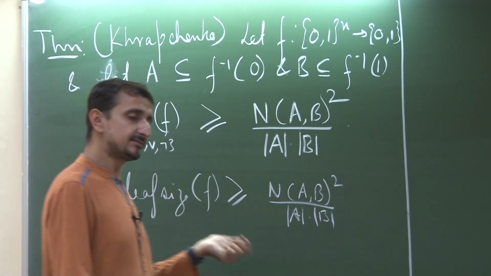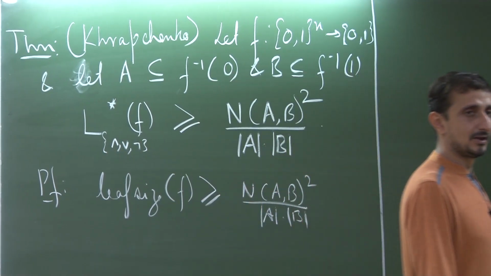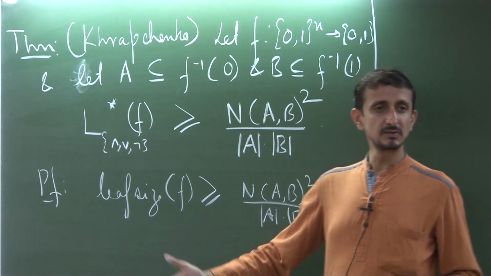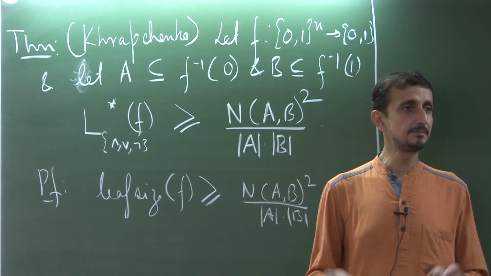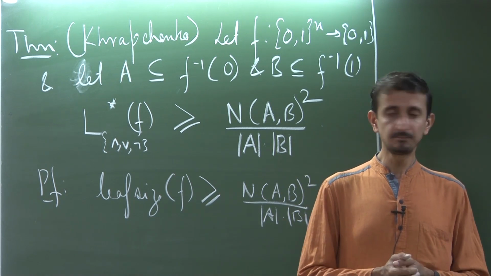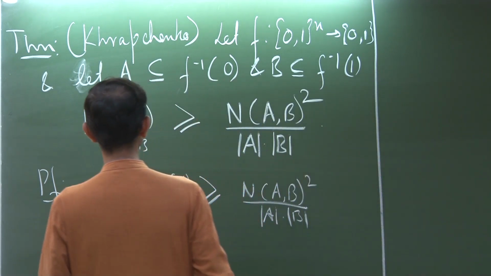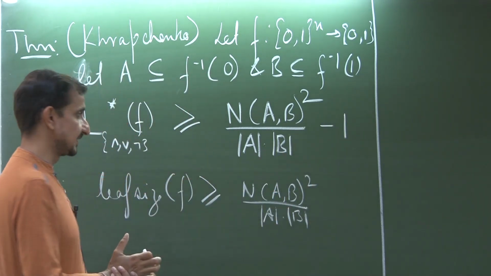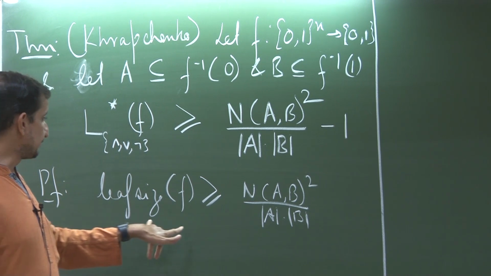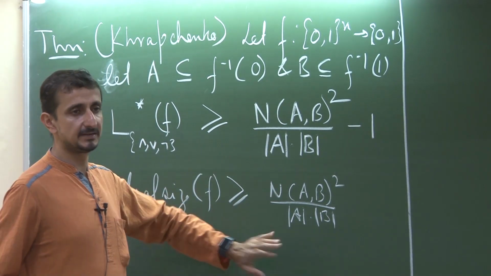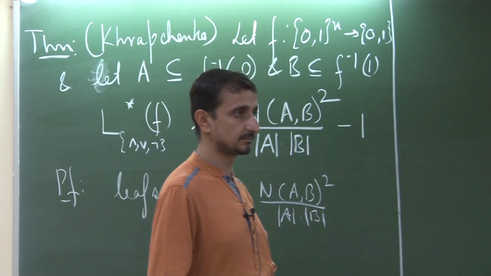What is leaf size? Leaf size is the number of leaves in a formula. Why is this sufficient? Because if we have any binary tree, the number of leaves is one more than the number of internal nodes; this is the precise result. That is why it is enough to show it for the leaves.